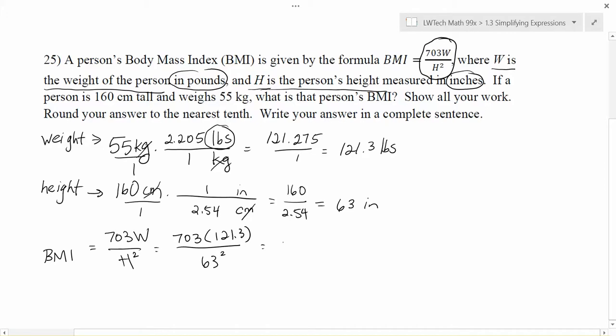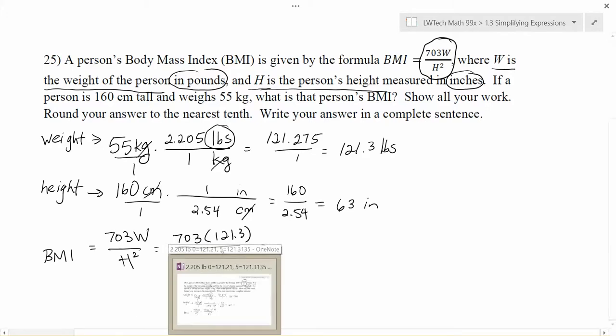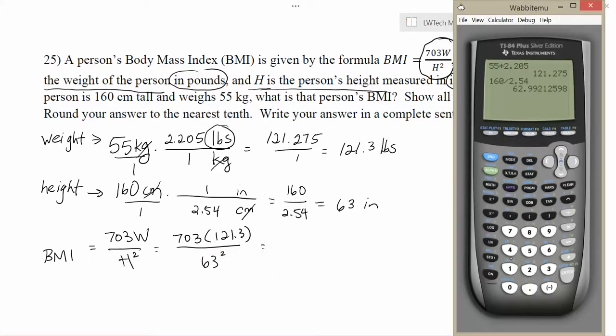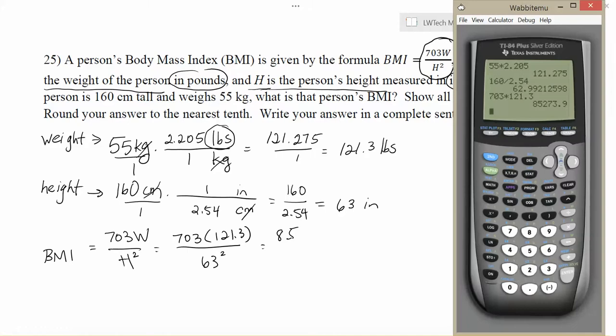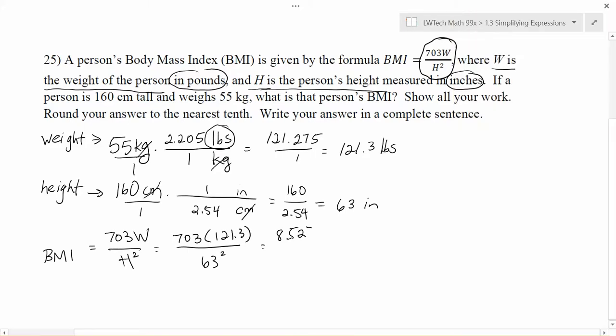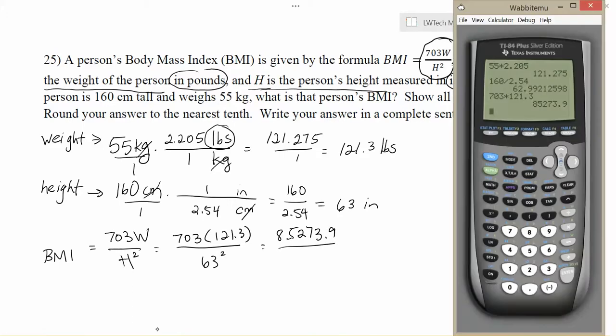At this point, we need to figure out what 703 times 121.3 is. That gives us 85,273.9 on the top. And then on the bottom, we can do that exponent.